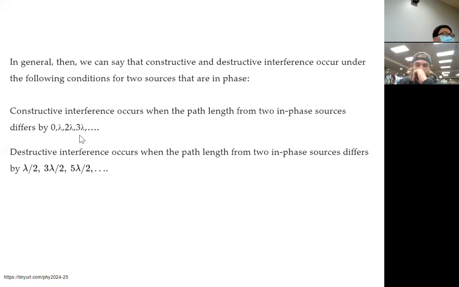That means louder. And at this point, if the two paths differ by half lambdas, you'll hear destructive interference. That means you'll hear minimum sound intensity in that case.